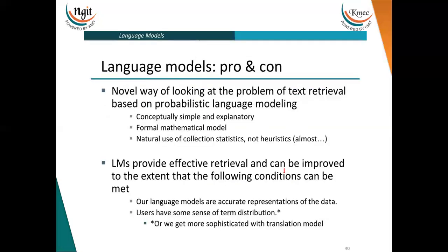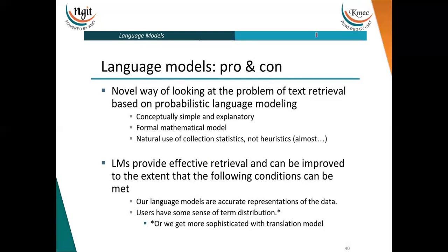Okay. So the advantages of this language model are that it is very simple and explanatory. If you know the probability of each term, just go on multiplying and compare those probabilities and you will get the relevance. So it is wholly based on mathematics, and it is using statistics, not heuristics.